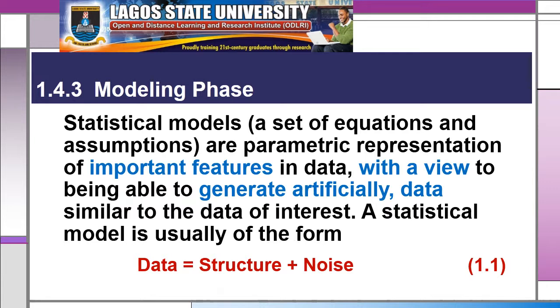So if you look at equation 1.1, we have data equals structure plus noise. The structure is the systematic component of the data, while the noise is the random component of data, and that is the component that actually makes the artificially generated data random. So in statistics, the modeling will lay emphasis on the structure. That's to know the structure that is systematic in the data and then add some random noise to it.